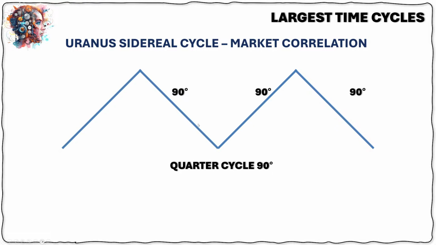Then for 21 years, the market coming down. Then for 21 years, the market goes up. Then for 21 years, the market comes down. This is the largest understanding of the market. This is the biggest cycle that we can observe with the data that we have at hand. We don't have much data, but this is the data that we have.